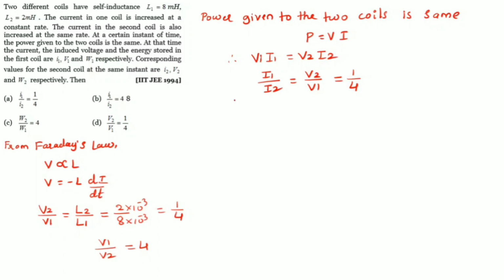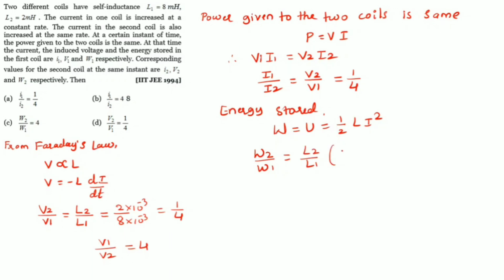Then third point, energy. Energy stored is given by the equation U equal to half Li square. But here instead of U, they gave the symbol W. So W equal to half Li square, or we can write W2 divided by W1 equal to L2 divided by L1 and I2 divided by I1 whole square.